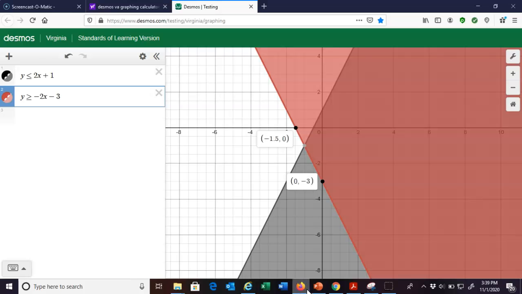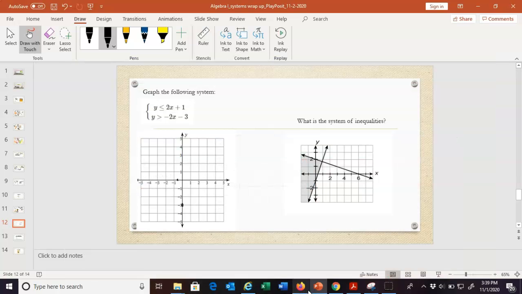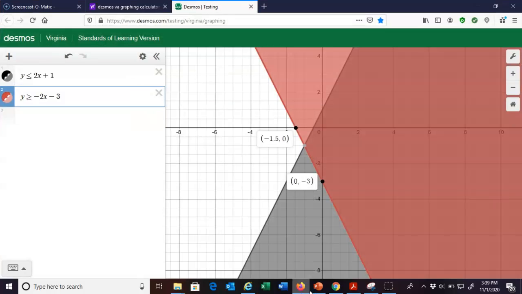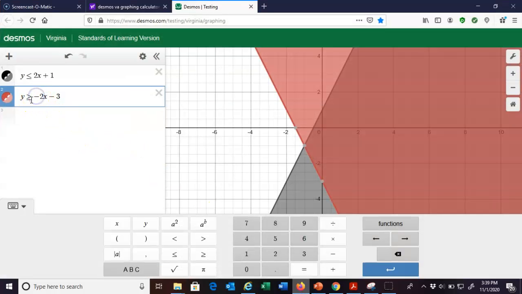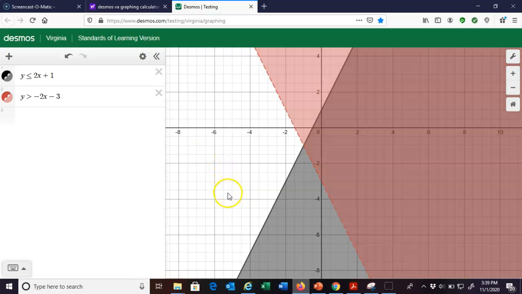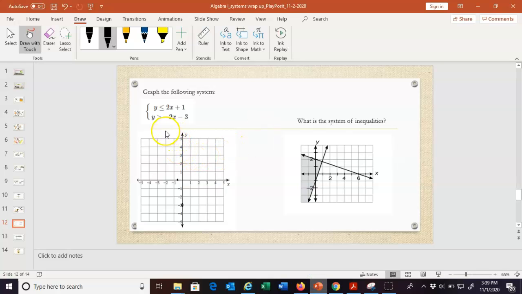That's the red one. So it should be, look at that, it should be greater than, not greater than or equal to. There we go. I'm working in two different tabs. So we're going to have a dotted line. That was the second one. I'm just going to graph the top one by hand. Up 2 over 1, right? This positive 2.